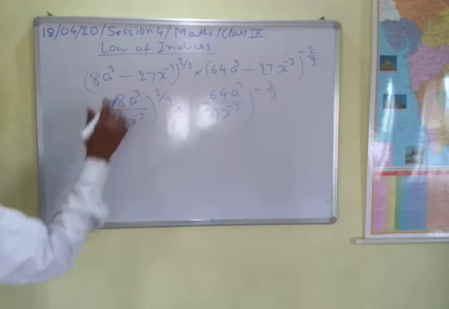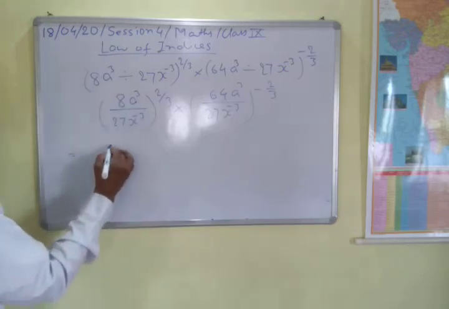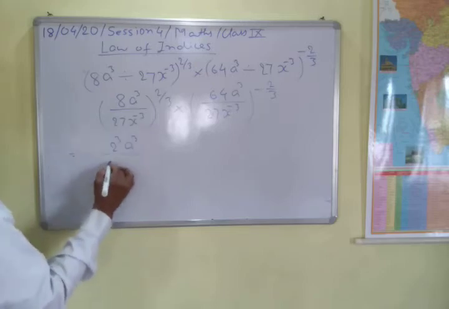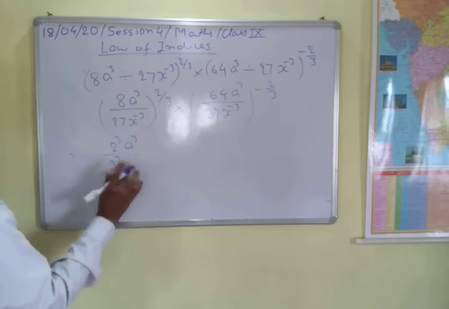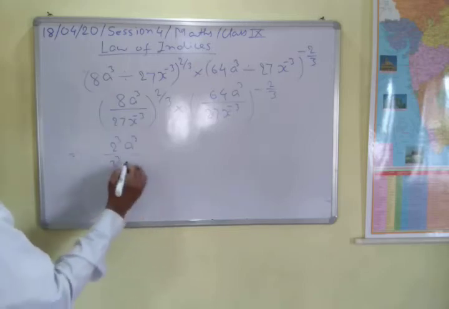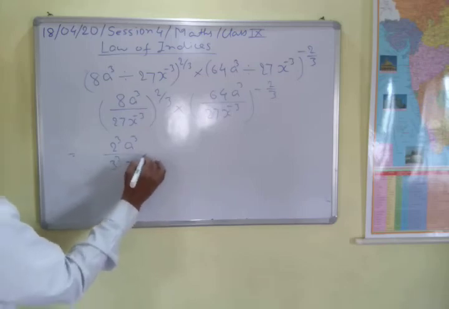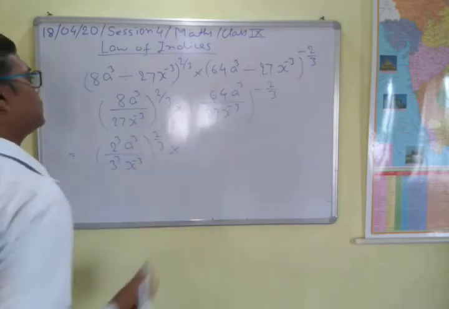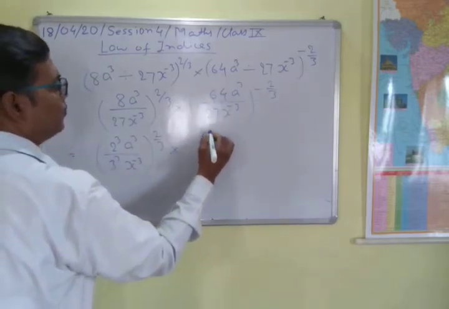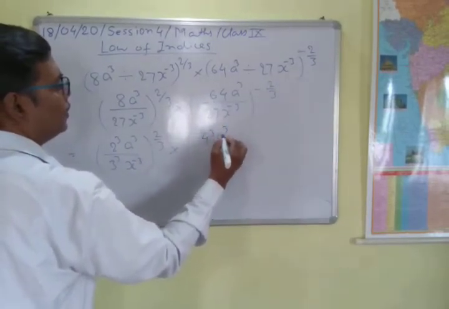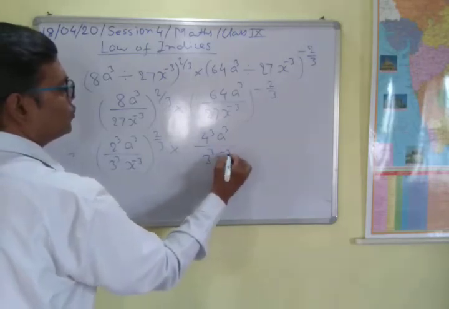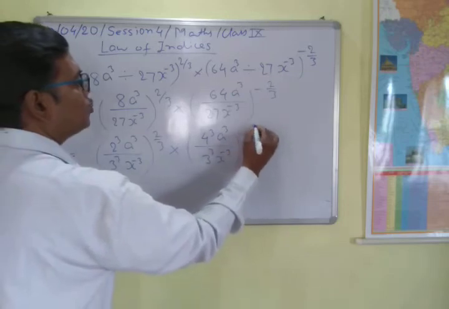Now 8 can be written as 2 cube, and a cube here, and 27 as 3 cube, x to the power minus 3, and this 64 can be written as 4 cube, and a cube, 3 cube, x to the power minus 3, and this is minus 2 by 3 power.